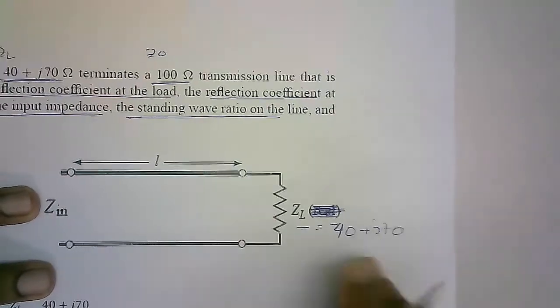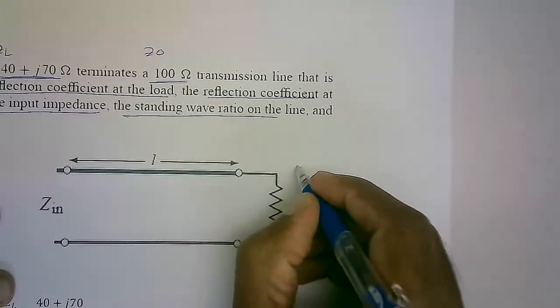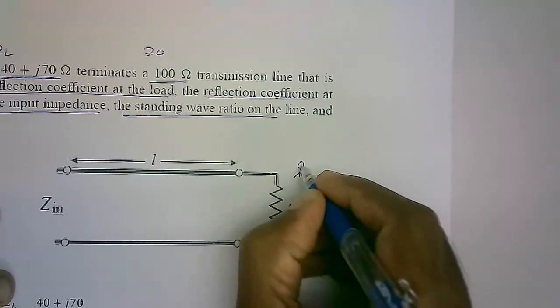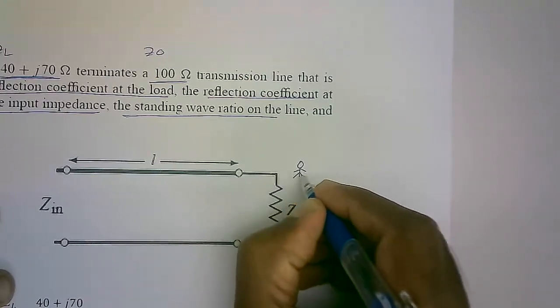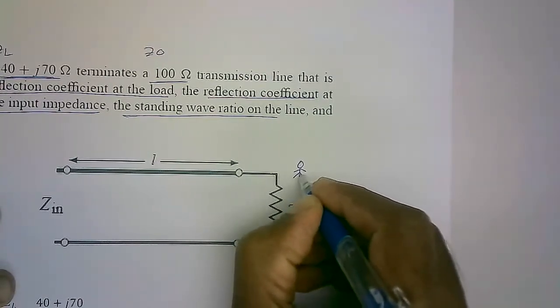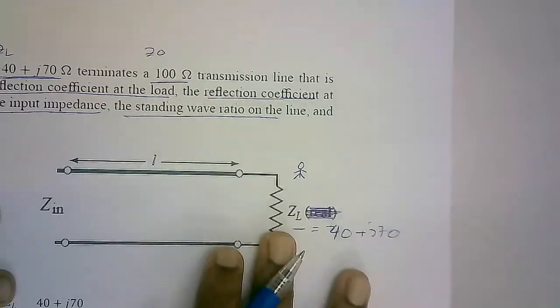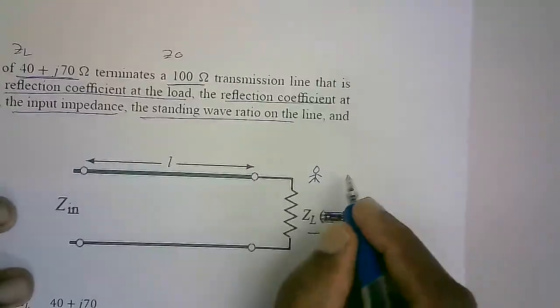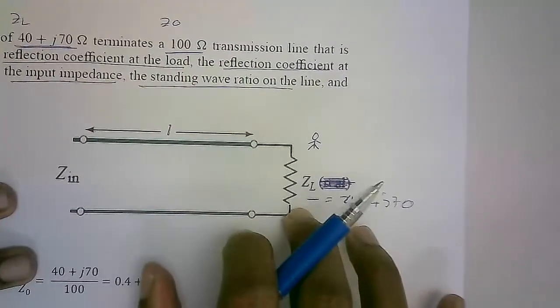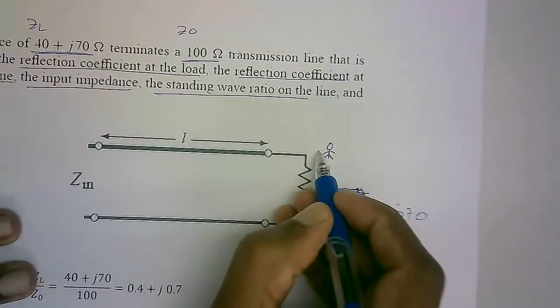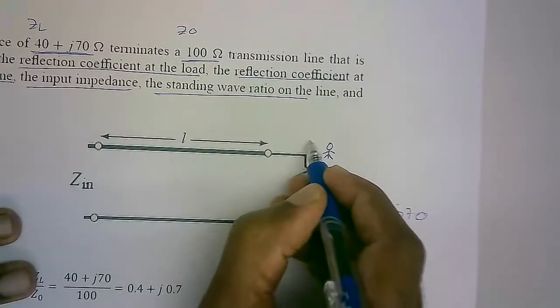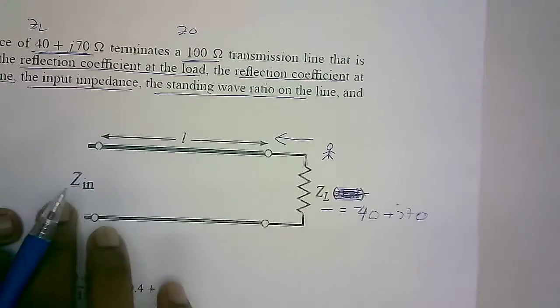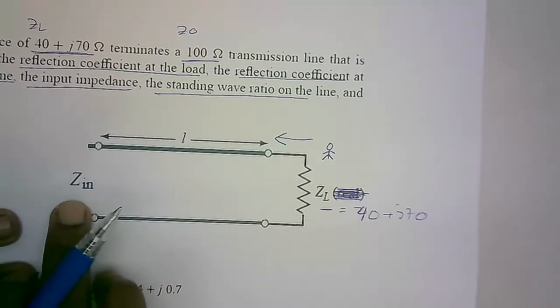Okay, so a person is standing here now. Let's say somebody is standing here. So ZL is given. So to find the Zin, towards what do we have to go? Towards the source, isn't it?